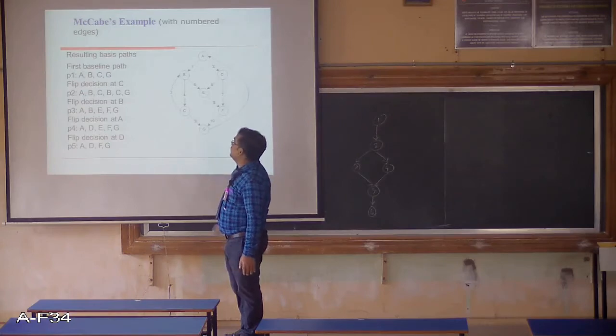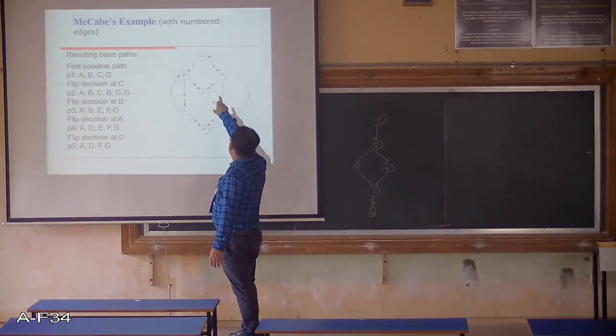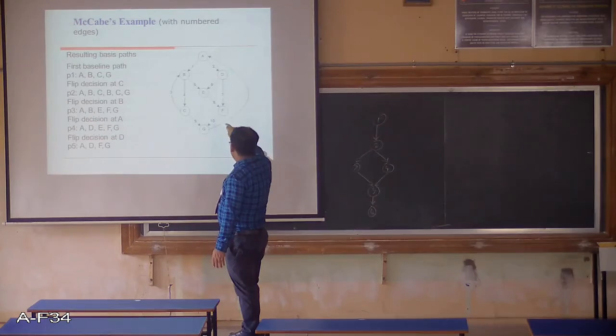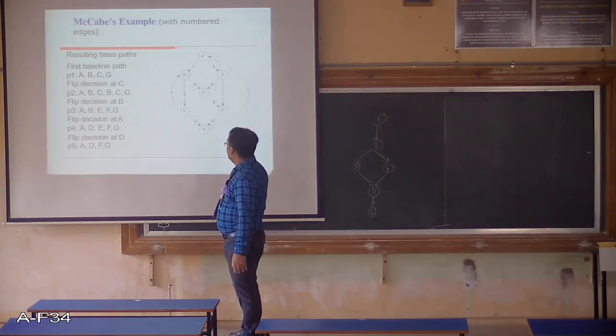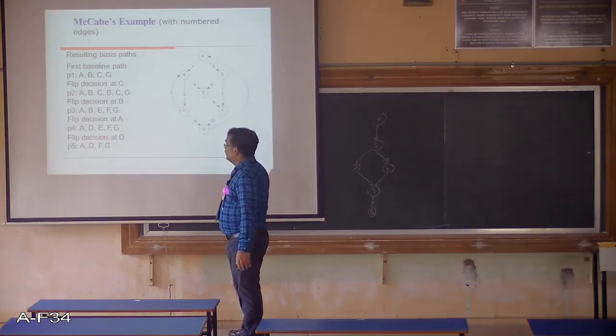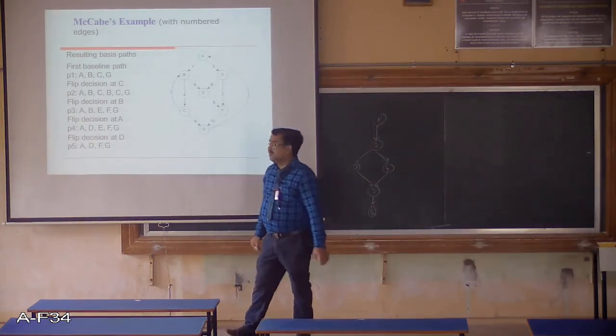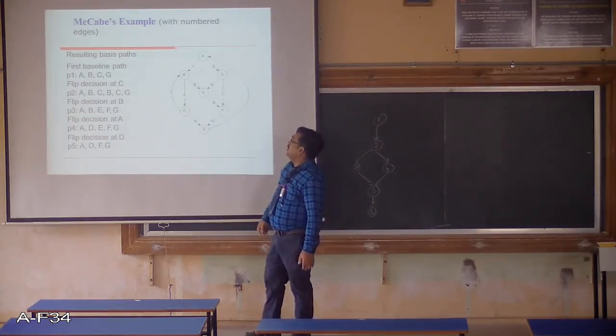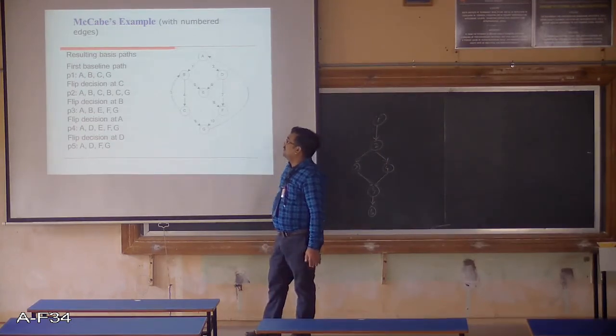So that is A, B, C, B, C, Z. Then A, B, E, F, Z. Then A is the highest one, so A, D, E, F, Z will be taken. And finally, the rightmost one, A, D, F, Z, is taken as the last basis path. So these are the basis paths, resulting in 5 basis paths from this graph.